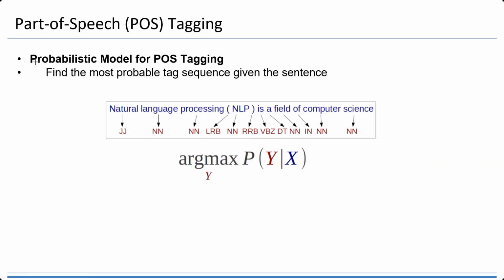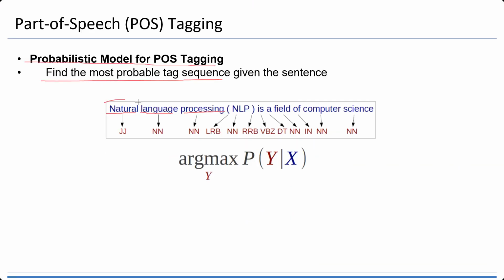There is another way to do the POS tagging. It is based on a probabilistic model. The probabilistic model means we want to find the most probable tag sequence. So let's say I have the words natural language processing.